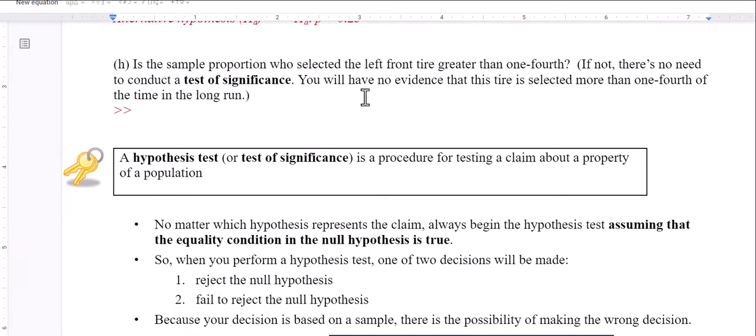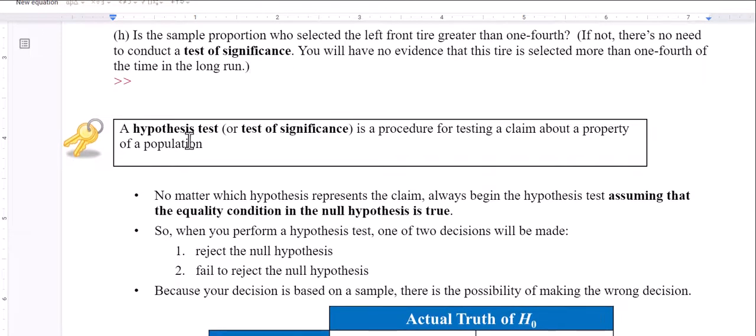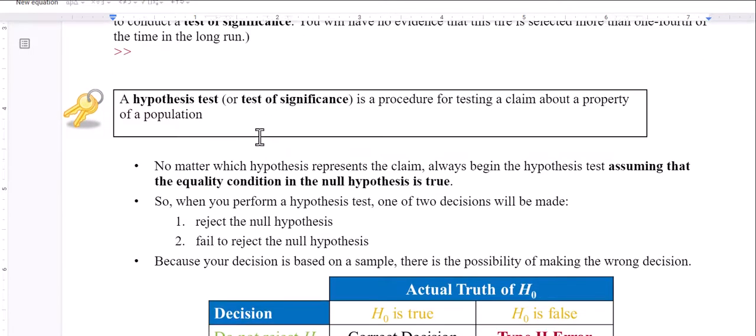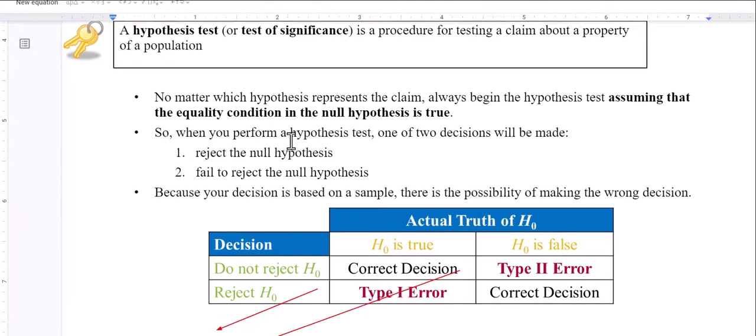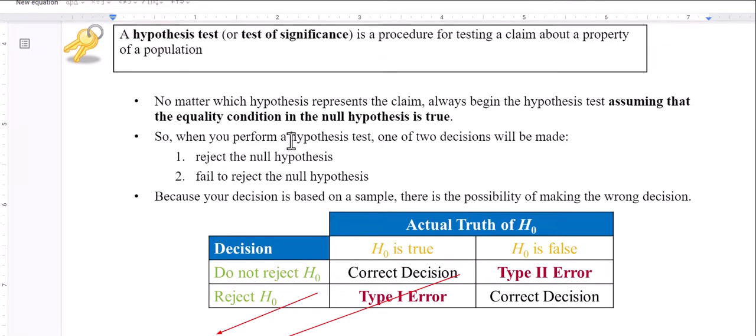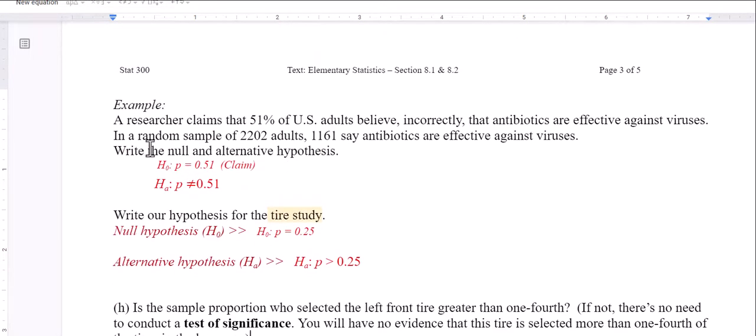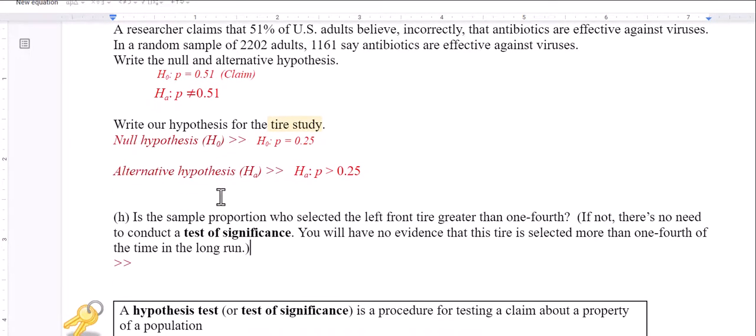So let's do a hypothesis test now. What is a hypothesis test or a test of significance? This is a procedure for testing a claim about a property of a population. So no matter which hypothesis represents the claim, back in the earlier example the null hypothesis was the claim, and in our tire study the alternative hypothesis is actually the claim, the conjecture.